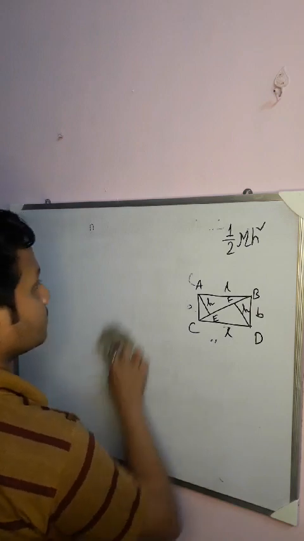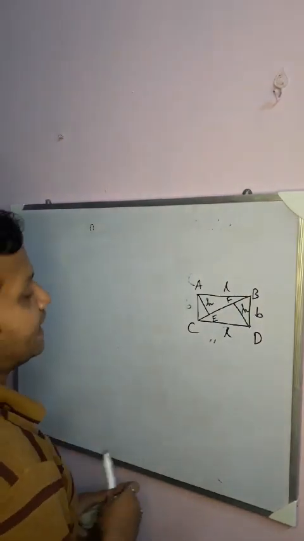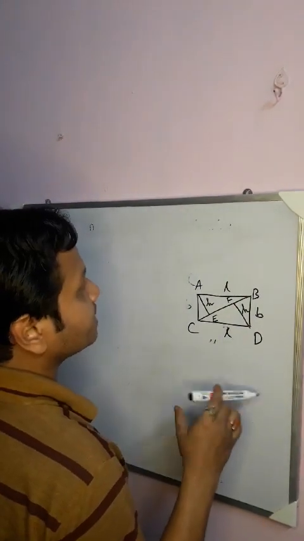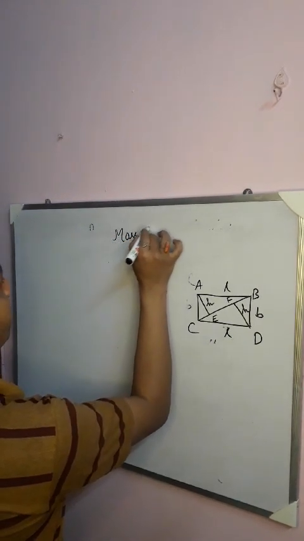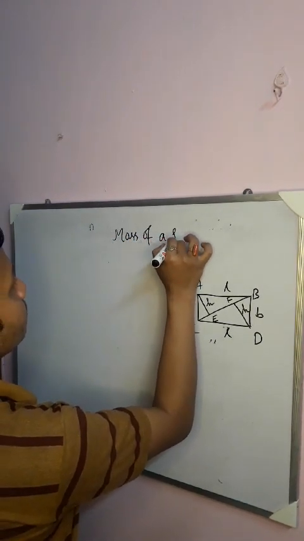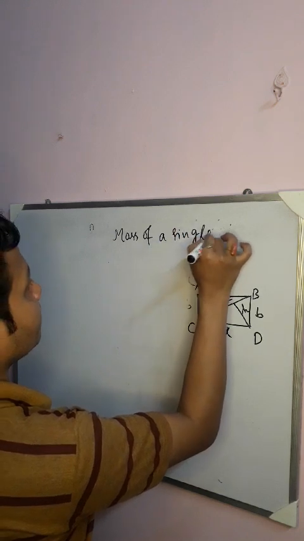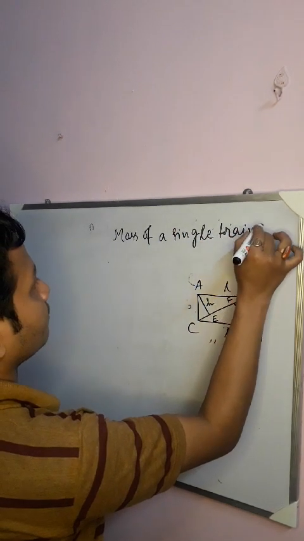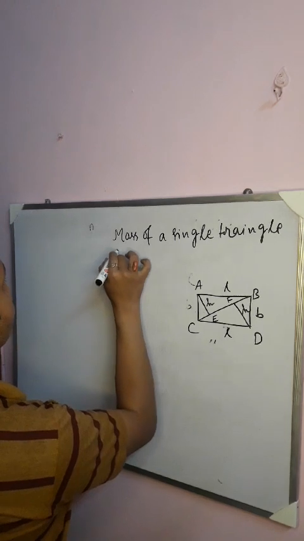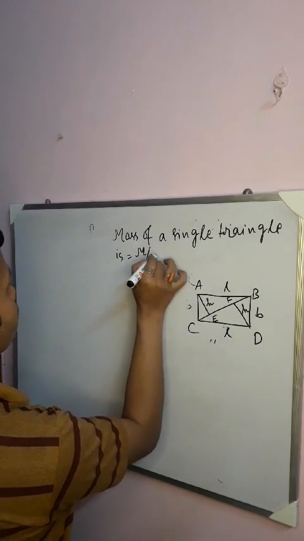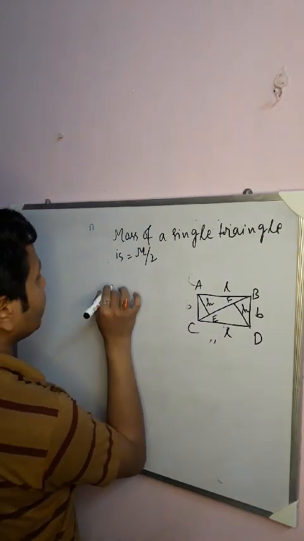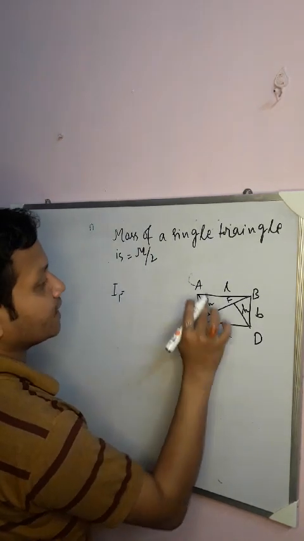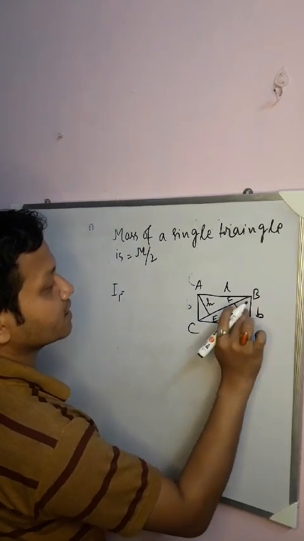Now at first, the entire mass of the rectangle is M. So the mass of a single triangle is obviously M by 2. Okay. So what will be the moment of inertia of the triangle ABC about BC?